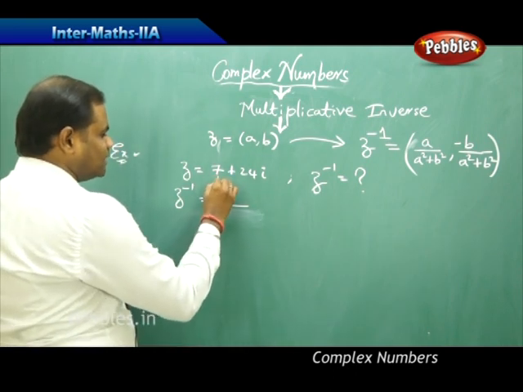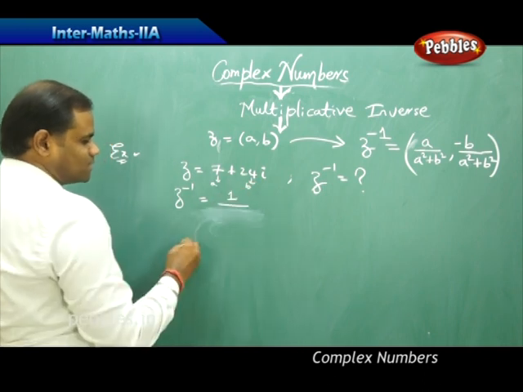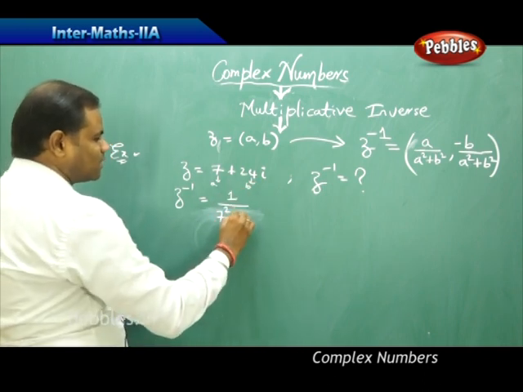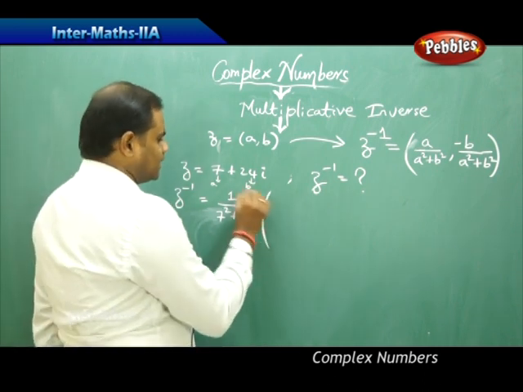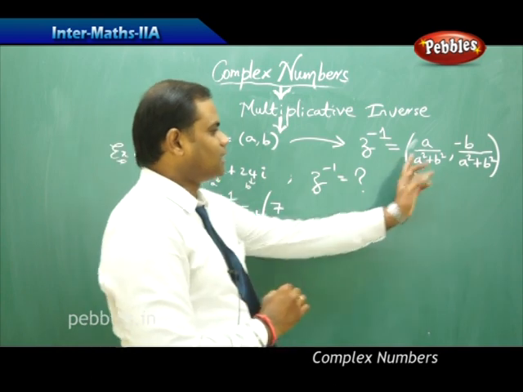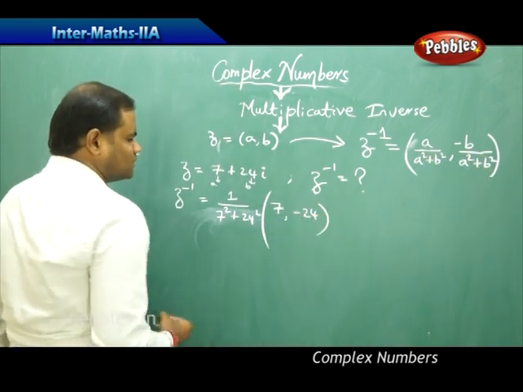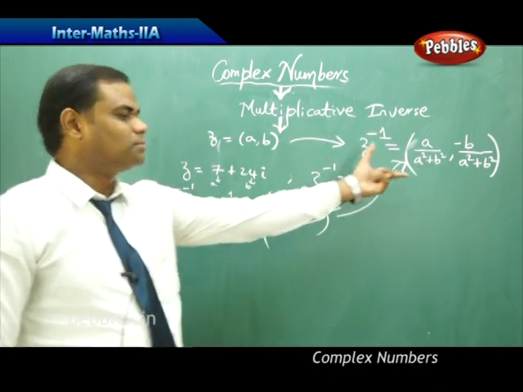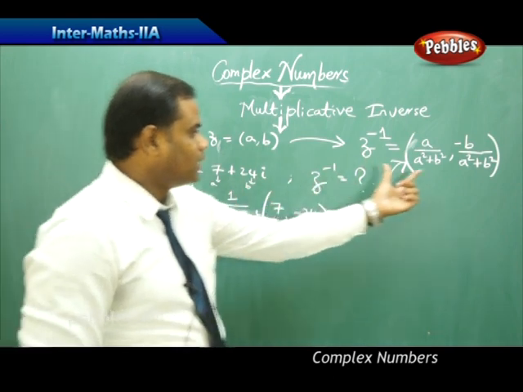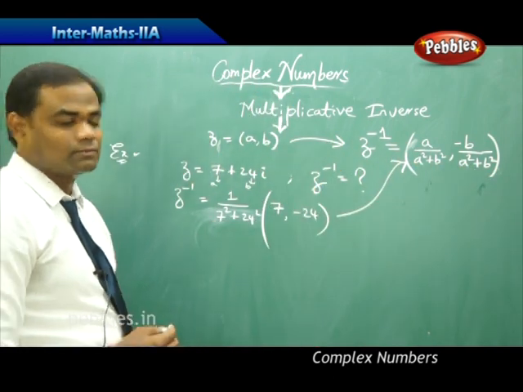Therefore my a is 7 and my b is 24. Therefore z inverse is 1 by a squared plus b squared of a, which is 7, and minus b, which is minus 24. This is strictly using the formula.